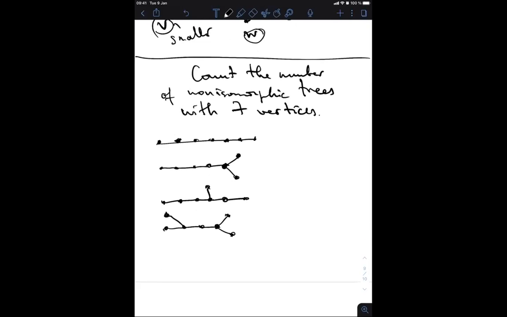This is one possibility, and another possibility would be like this. So we have two vertices of degree 3, and the rest is uniquely defined, and I think this is it. There is no other.